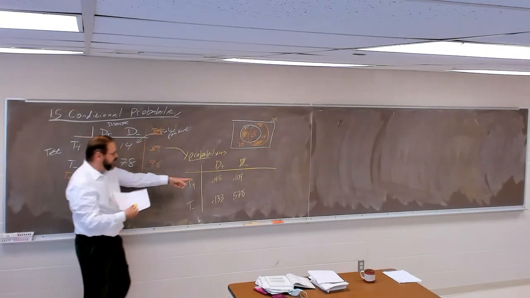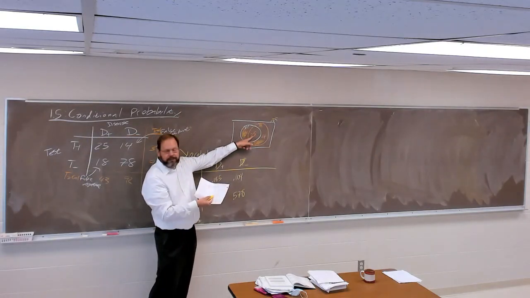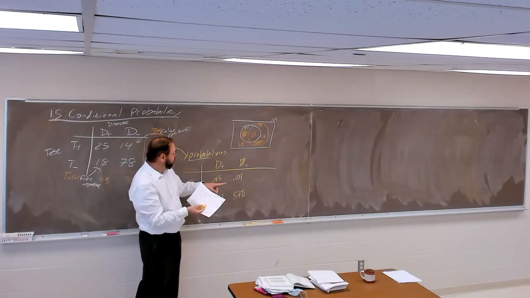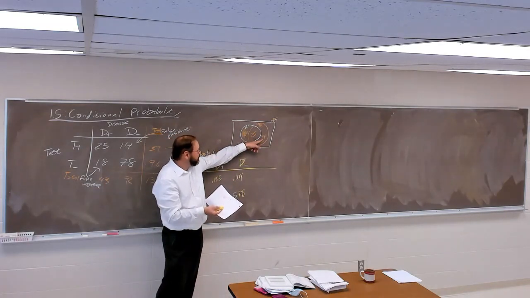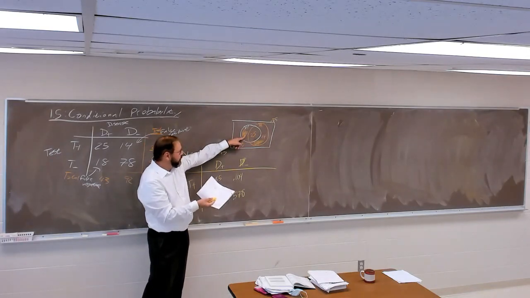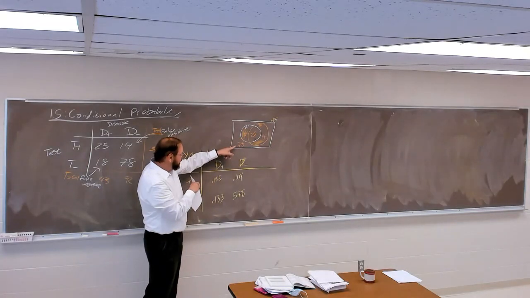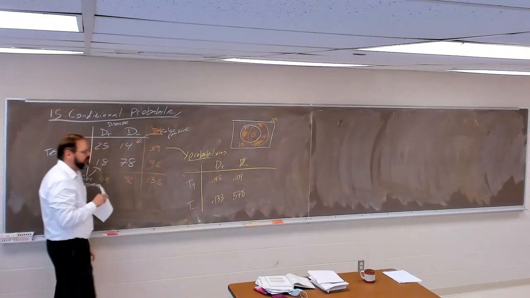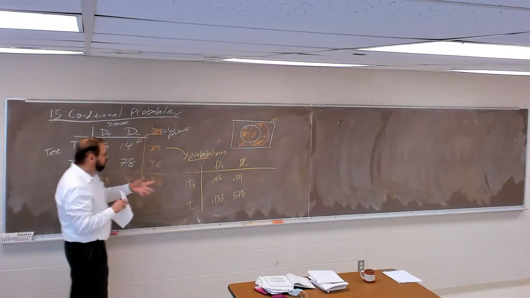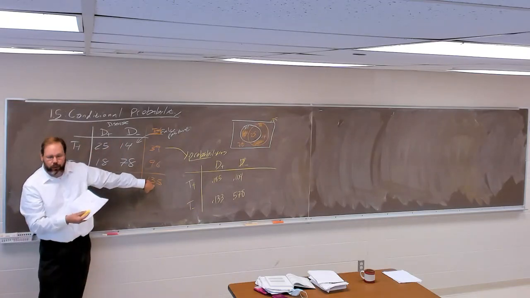And this is saying 18.5% of the time, I expect to draw a name that's in this region. 10.4% of the time, I would expect to draw a name in this region. 13.3% of the time, in this region. And 57.8% of the time, in this region. So what am I doing? I'm just taking each of these numbers here and dividing by the total.